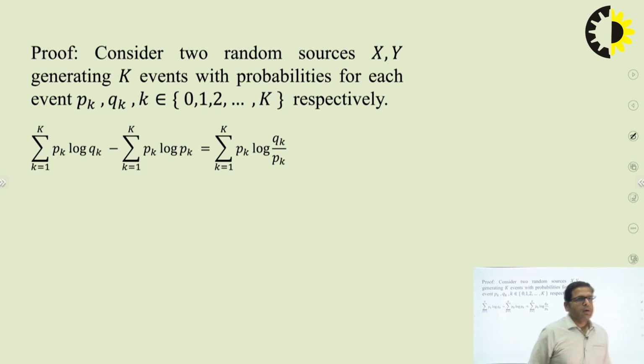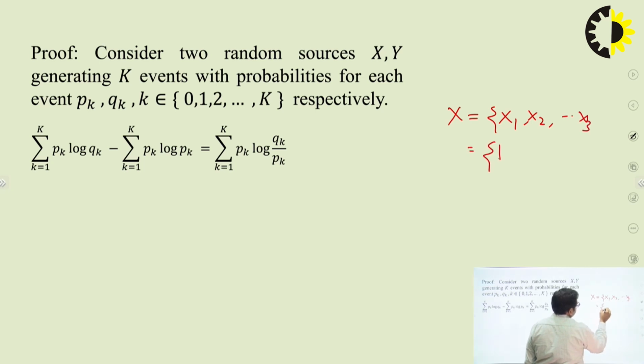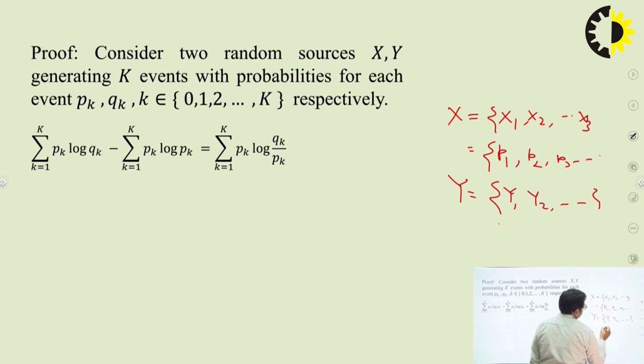For example, the source X generates symbols like x1, x2, x3 and so on with probabilities p1, p2, p3 and so on. Similarly, source Y generates symbols y1, y2, and so on with probabilities q1, q2 and so on.